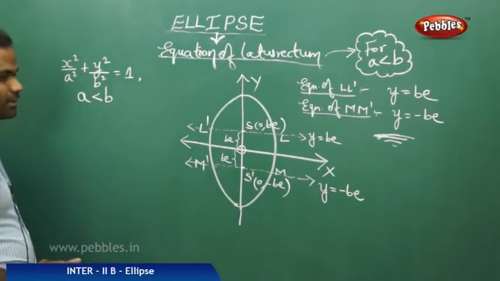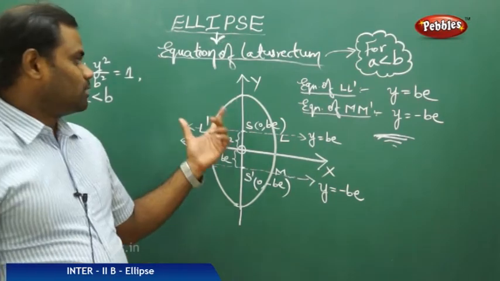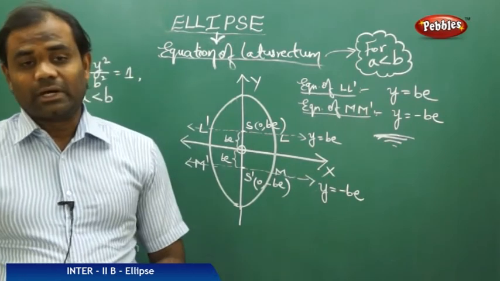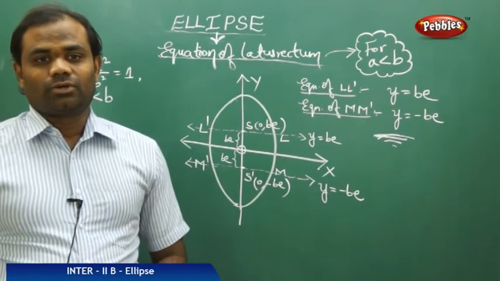Now next comes the length of latus rectum for A less than B. So let's take even the length of latus rectum which we need to identify for this topic.